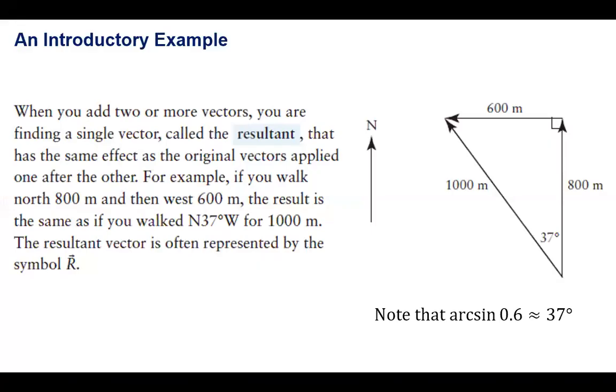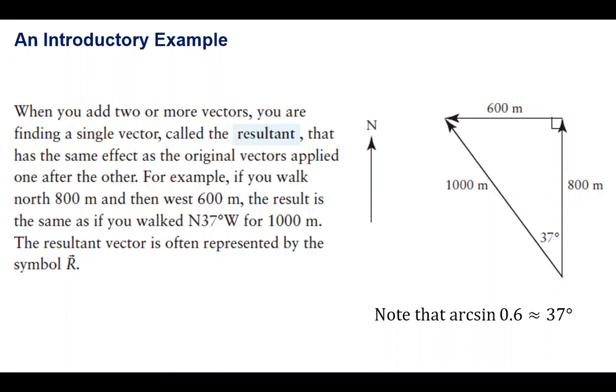Okay, so first of all, let's have a look at an introductory example. When we add two or more vectors, we are finding a single vector called the resultant that has the same effect as the original vectors applied one after the other. For example, if you walk north 800 meters and then west 600 meters, the result is the same as if you walk 1,000 meters west of north 37 degrees.